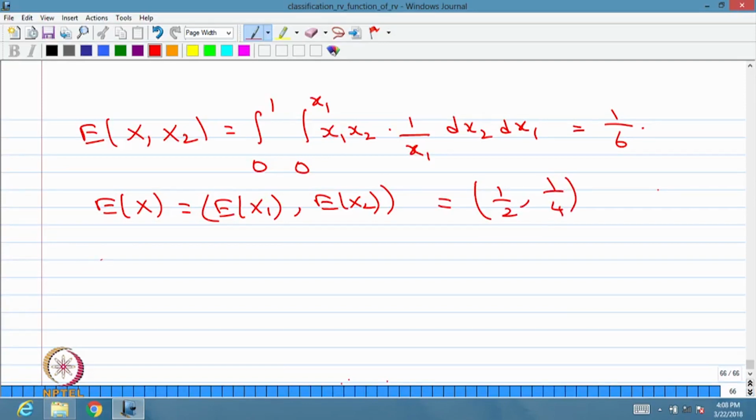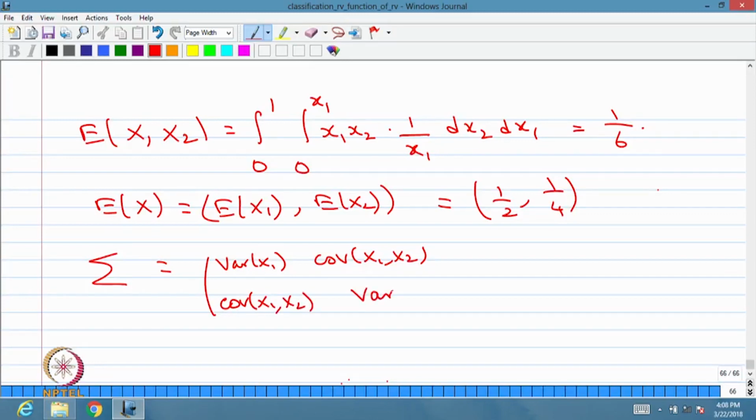The next is finding the covariance variance matrix. Since we have only two random variables, it is going to be 2 cross 2, whose elements are variance of x1, covariance of x1 with x2, covariance of x2 with x1 or x1 with x2, both are one and the same, and variance of x2.